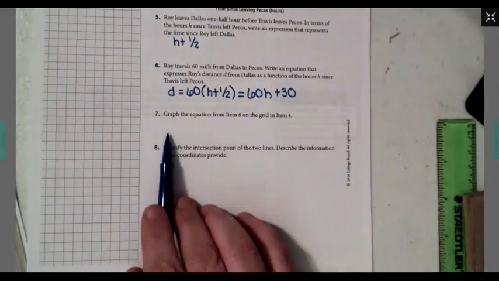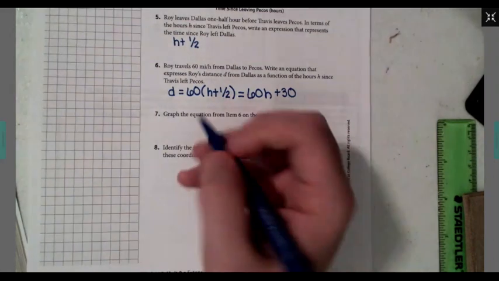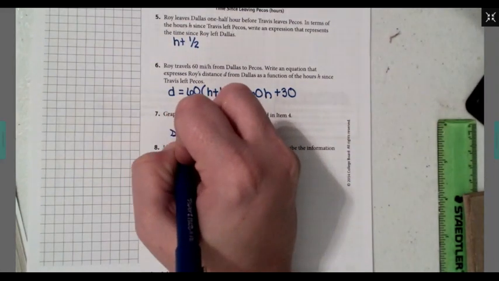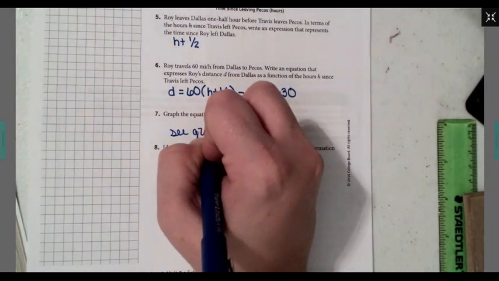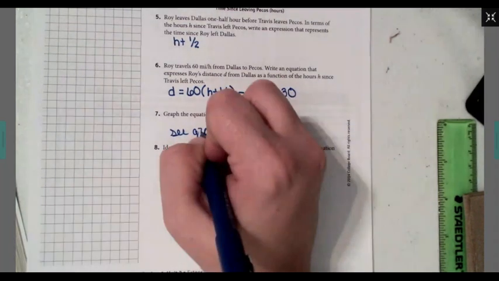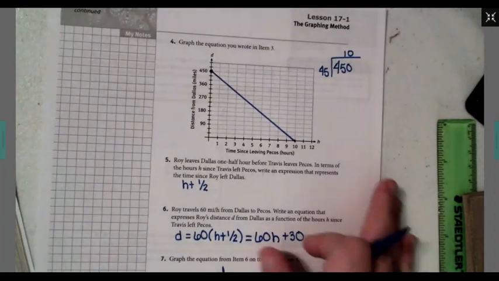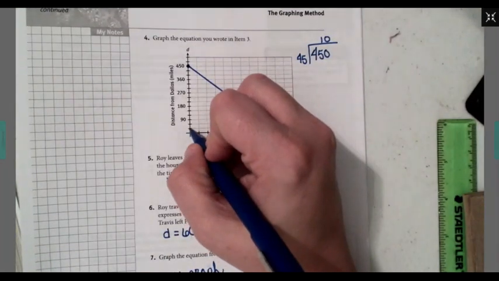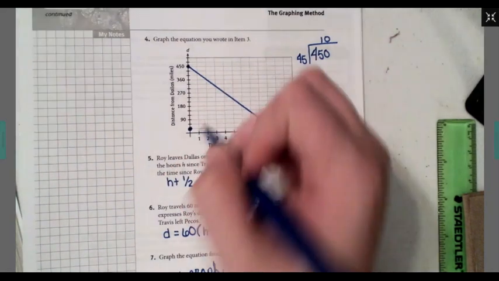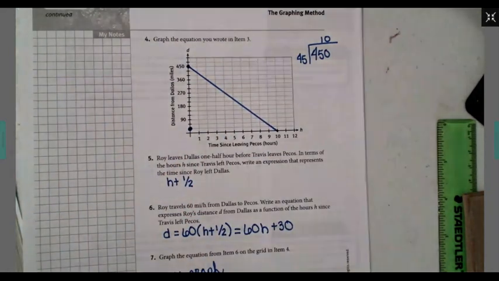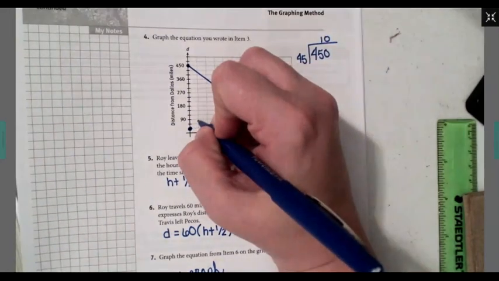So we wrote it. And number 7 asks us to graph it. Okay. And it says that he started at 30 miles. He was 30 miles along the way before his brother got started. And he increases by 60 miles every hour.